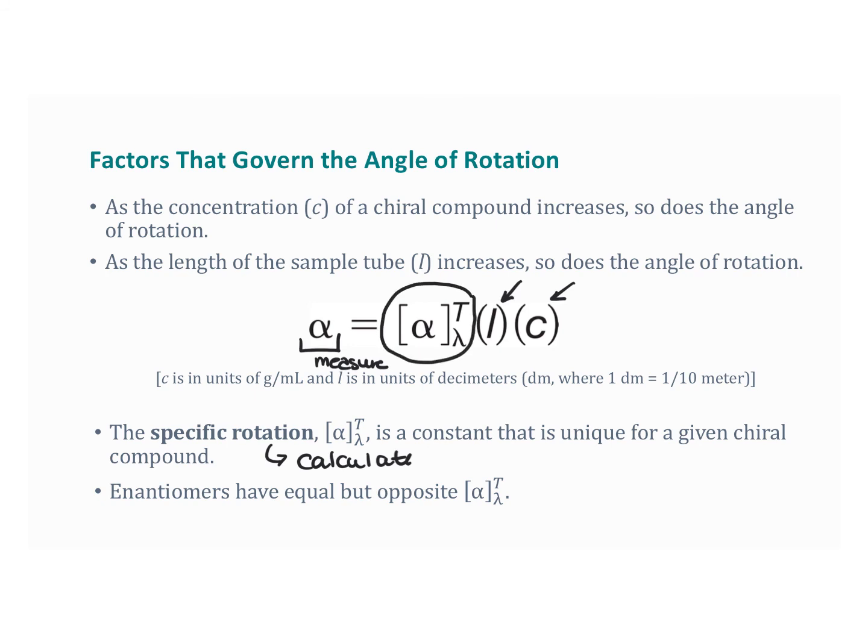No matter which sample you have or where you are, once you take the length of the tube, the concentration, and the angle into consideration, you can get the specific rotation, right? Enantiomers are going to have equal but opposite specific rotations. So that's one of the things that we're going to see.